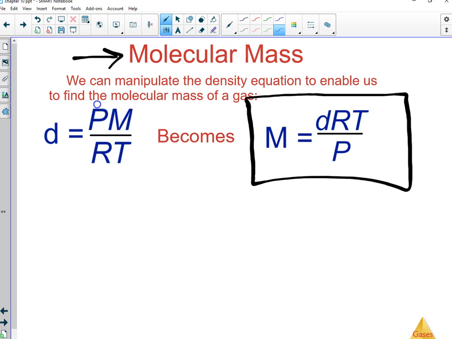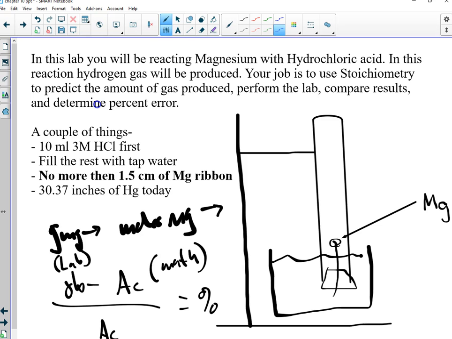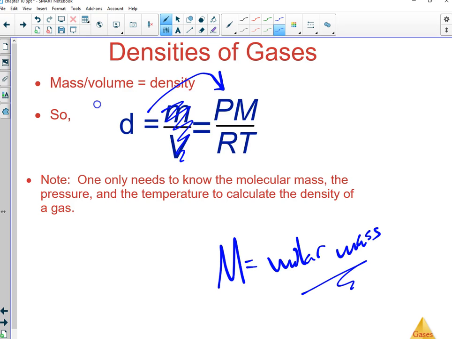So we can manipulate the density equation to enable us to find the molecular mass of a gas. That's why I'm out of order. I think we ended here. If you don't understand how we got here, that doesn't matter. What does matter is that you know that equation and how to use it. Density is equal to PM over RT.